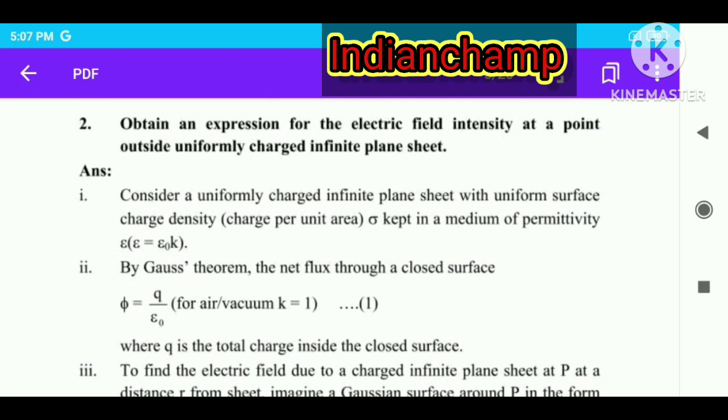Question number 2. Obtain an expression for electric field intensity at a point outside a uniformly charged infinite plate sheet. Answer.